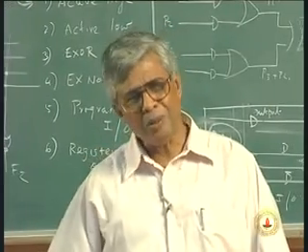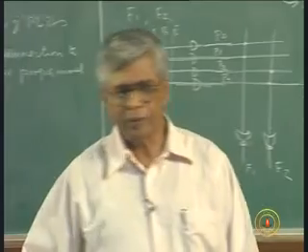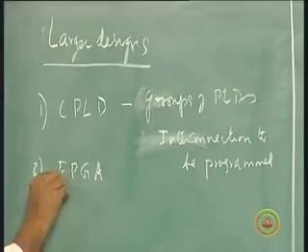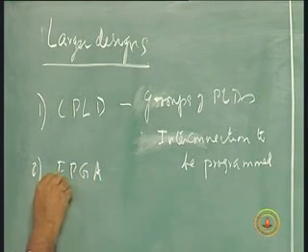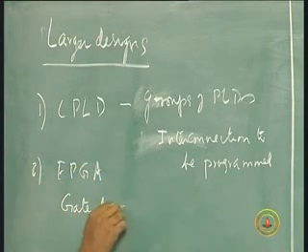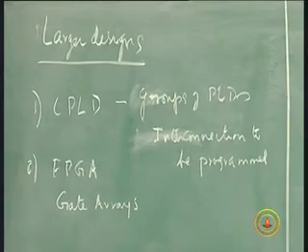The FPGA is almost similar again, concept-wise, but slightly different in the sense that it comes with what are known as logic blocks, an array of gates, field programmable gate array. So gate arrays are units made up of gates.